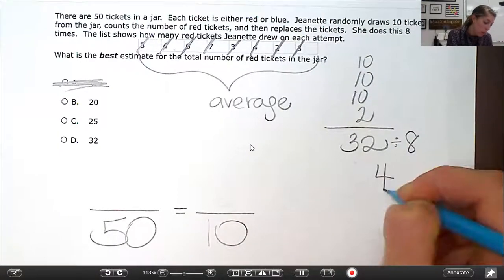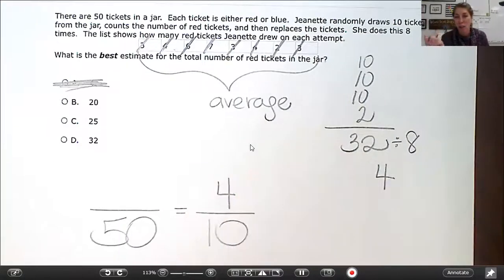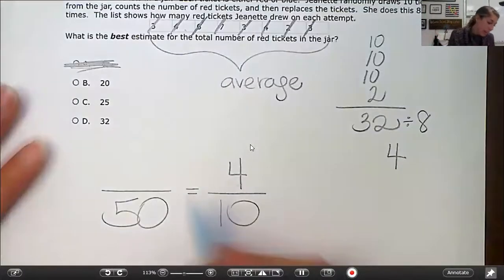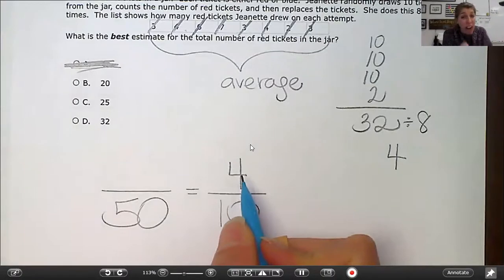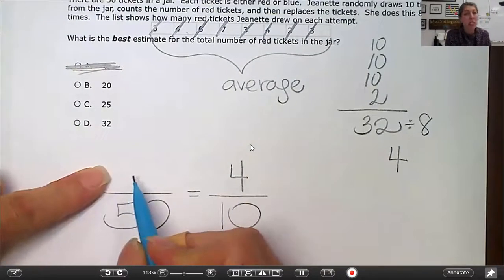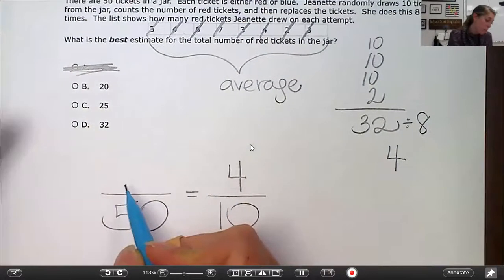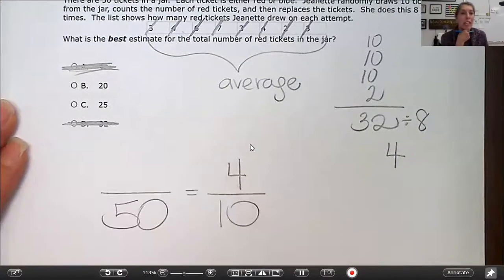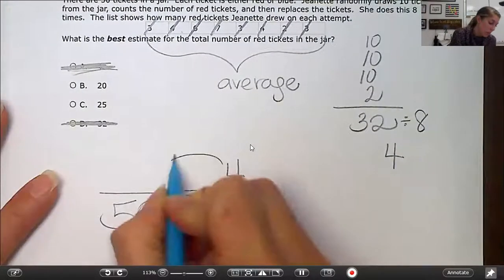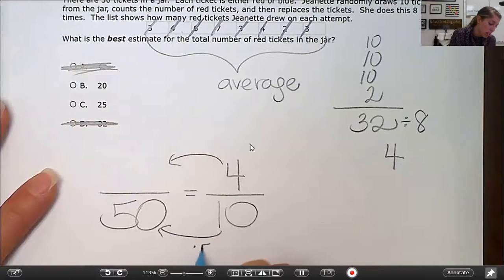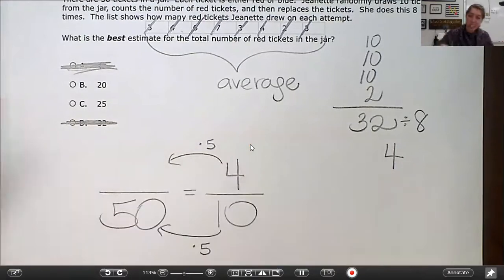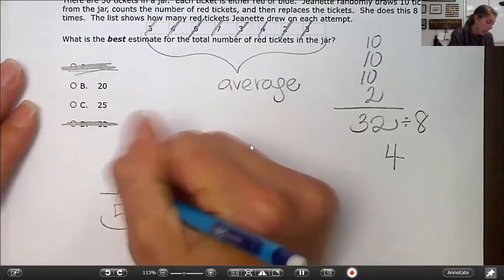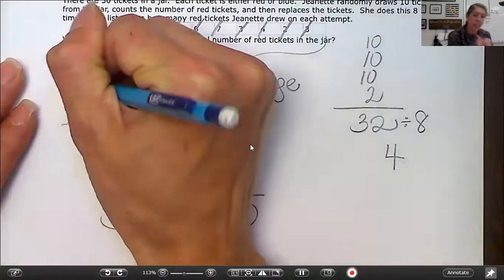So 4 was the average number of red that she drew. 4 is a little under half of 10, so the number I'm looking for is a little under half of 50. So I know 32 is out. And if I prove that with my proportion here, scaling it up, I have 20 is the best estimate.